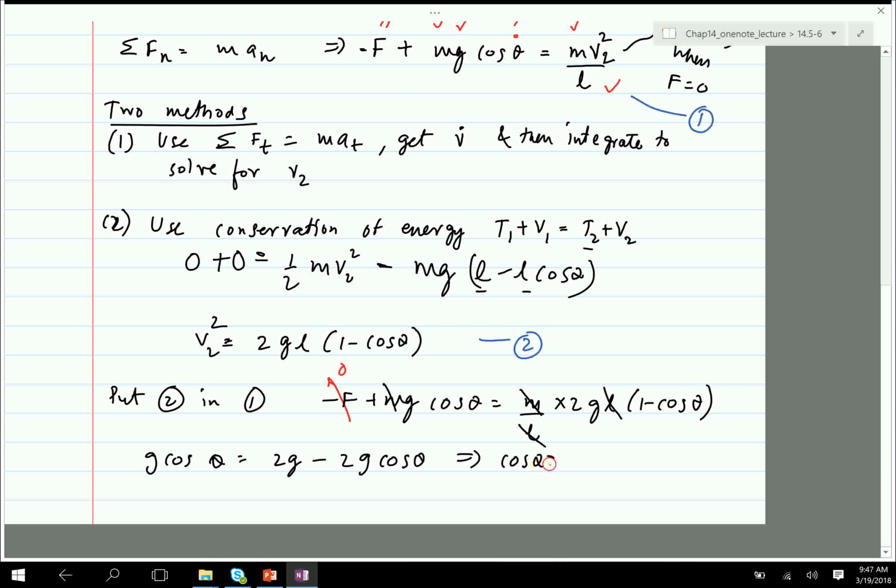So cosine theta is, I think it's 2/3. So theta is 48.2 degrees.